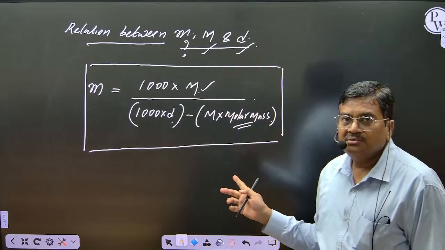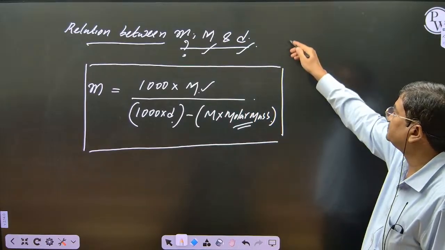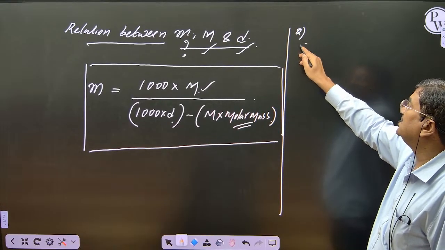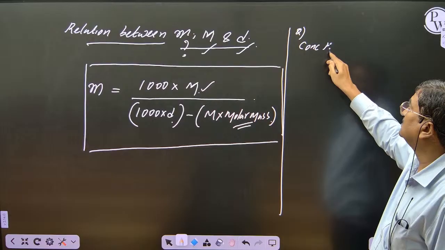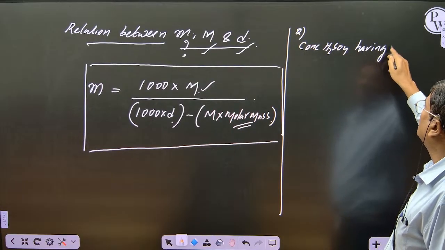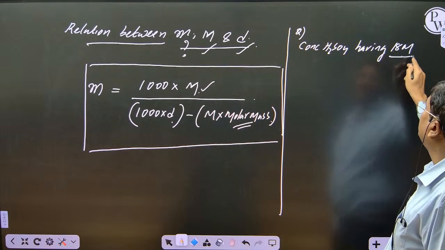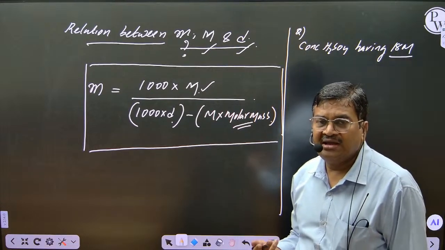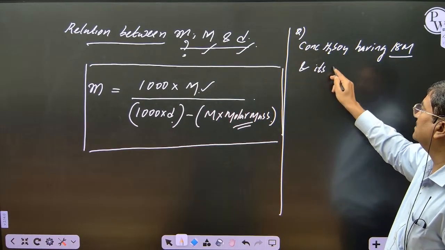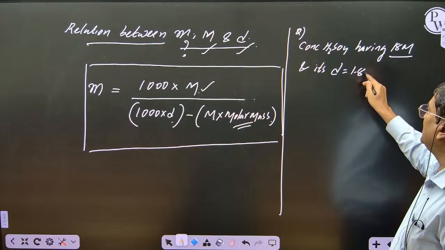Copied all of it? Now write one question. Concentrated sulfuric acid having 18 molar. Molarity of sulfuric acid is given as 18, and its density is 1.8 gram per cc.